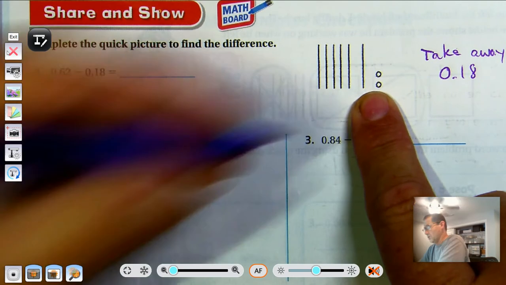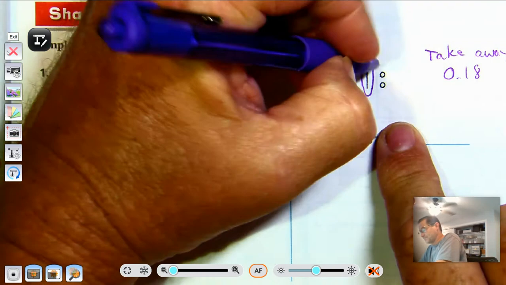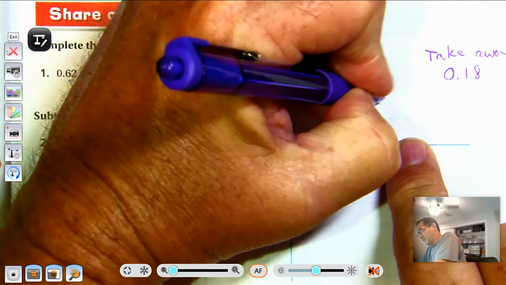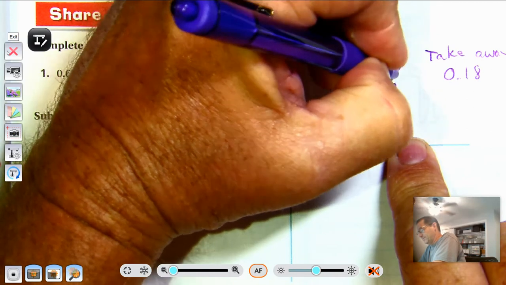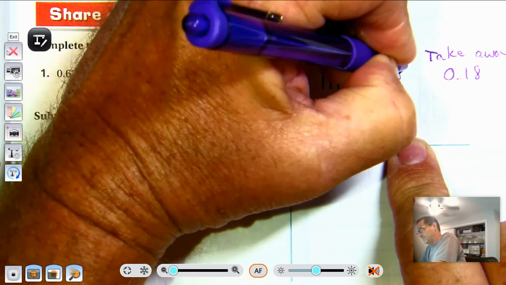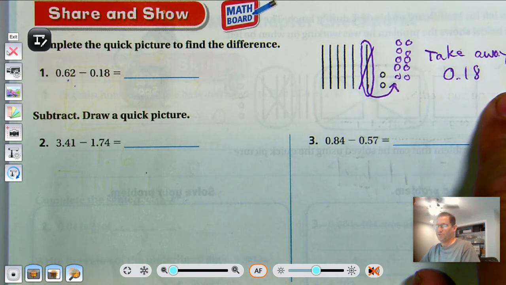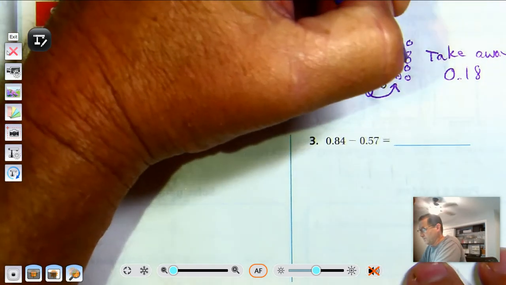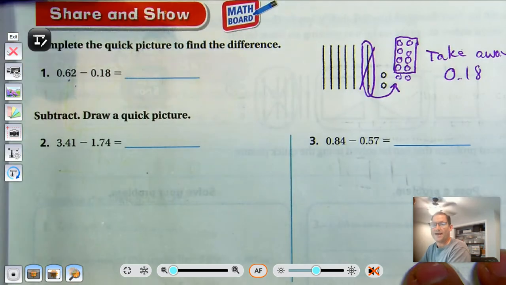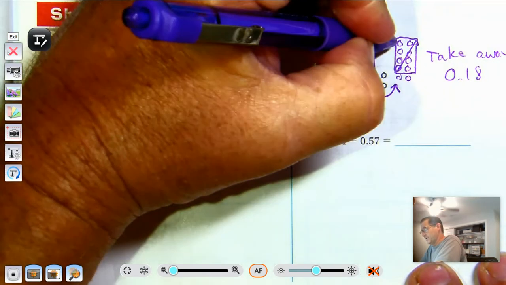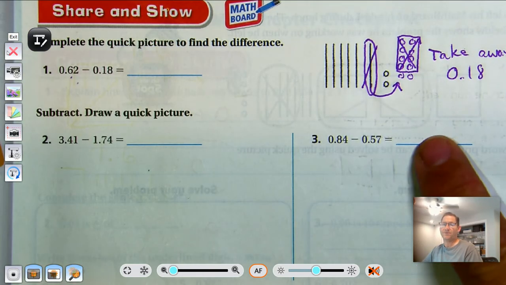No. So we're going to take one of the tenths and exchange it for 10 hundredths. Okay. Now can we take away 8 hundredths? Sure. So 2, 4, 6, 8. So circle or box 8 of them and cross them out. Okay, so we've taken away 8 hundredths now.